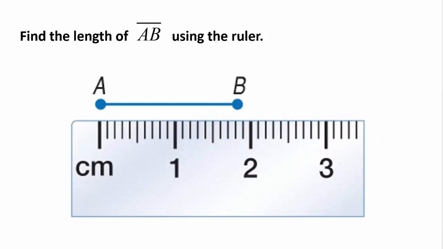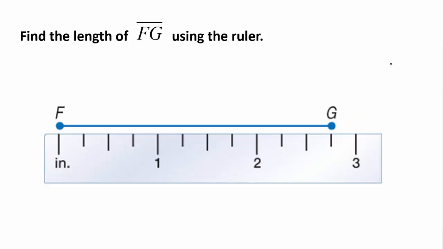And here we have yet another line segment named AB, and we're going to be measuring it in centimeters. If you notice, the B is in between the 8th and 9th mark. So I would, in this case, just round that up to 1.9 centimeters. Let's measure one last line segment.